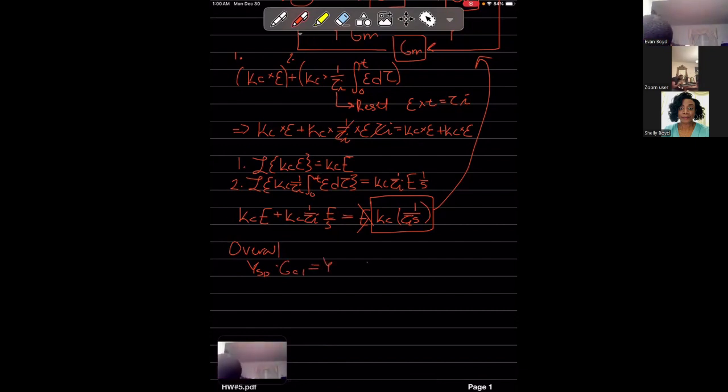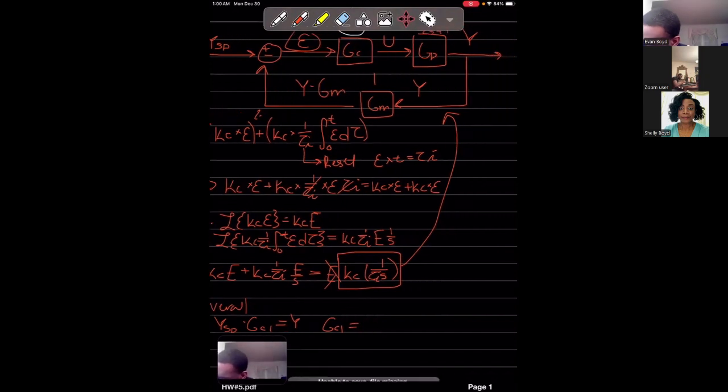We know our closed loop function is equal to, help me out, G, oh my gosh, G. There you go. GC times GP. So the controller times the process divided by 1 plus GC times GP times GM.